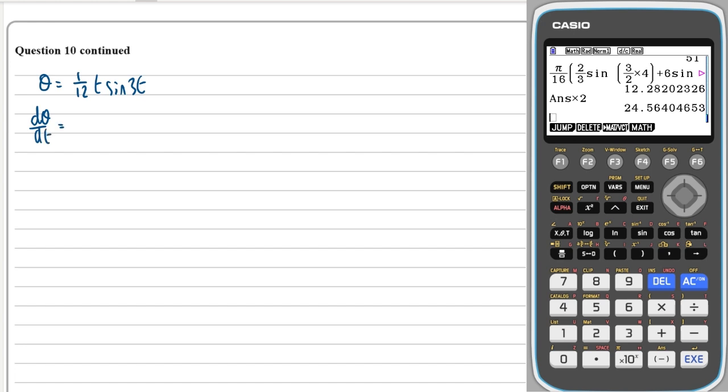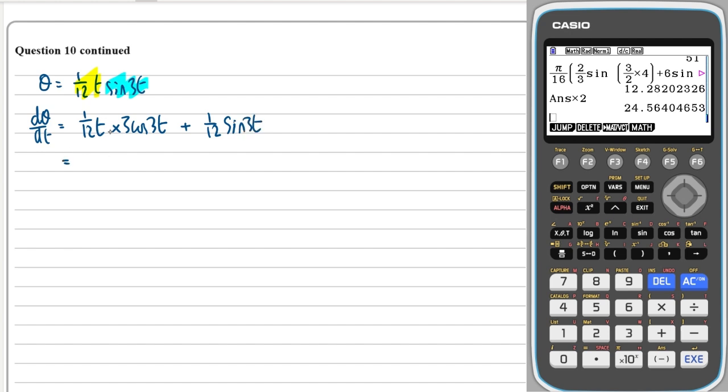once, and we're going to use product rule here. So I will keep the yellow the same, and then differentiate the blue, which will give me 3 cos 3t, and then I'll differentiate the yellow, which will give me a 12th, and I'll keep the blue the same.